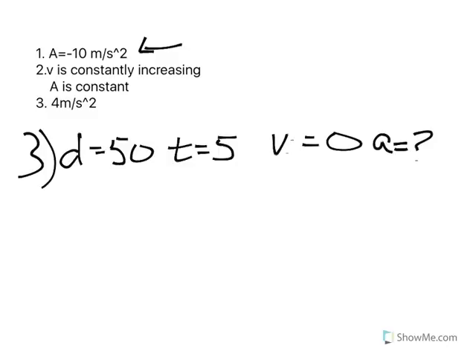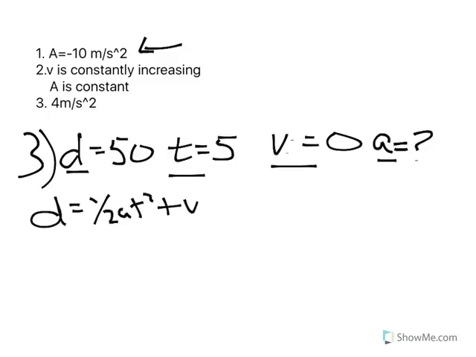So we're looking for an equation with distance, time, initial velocity, and acceleration. The only one with that in it is d equals 1/2 at squared plus vit. And the initial velocity is 0, so that term goes away. So we're left with 50 equals 1/2 times a times t squared, which is 5 squared.